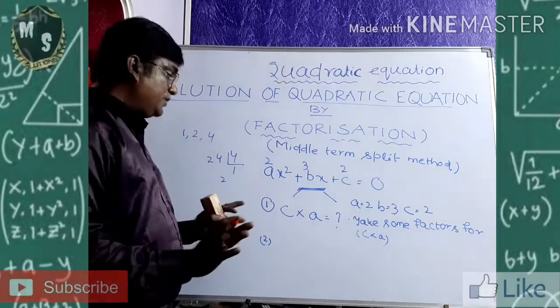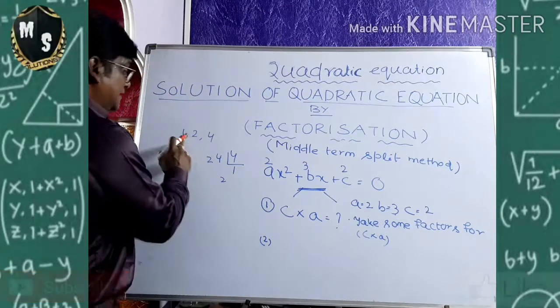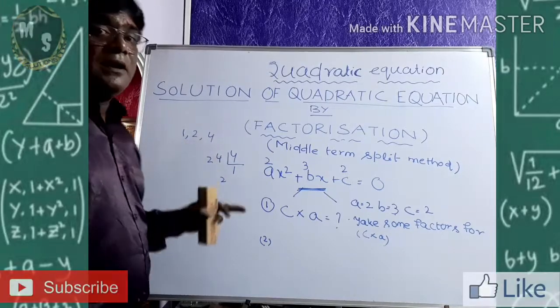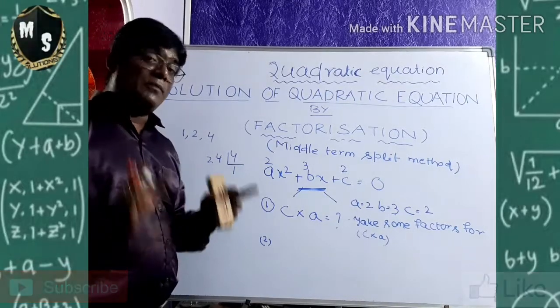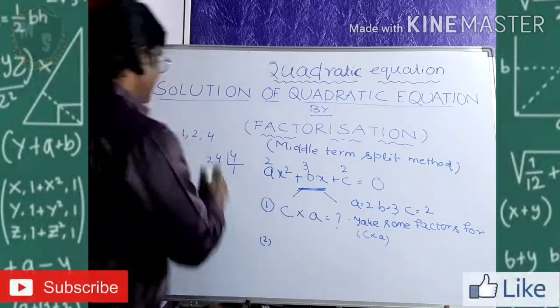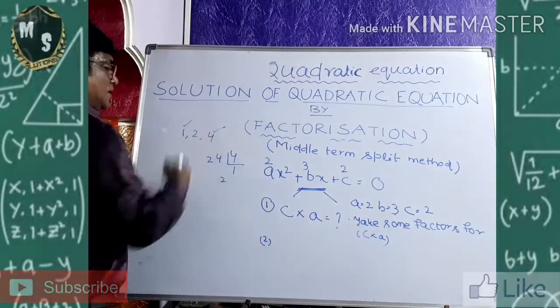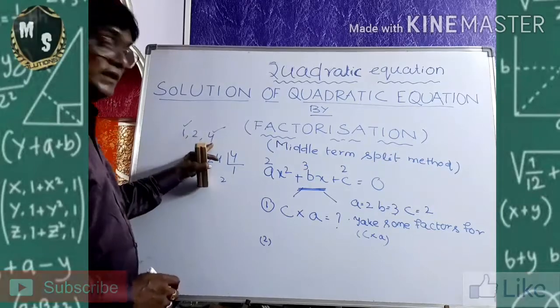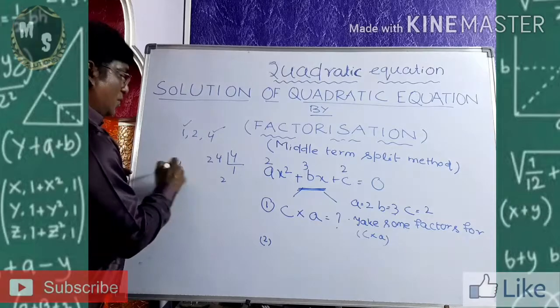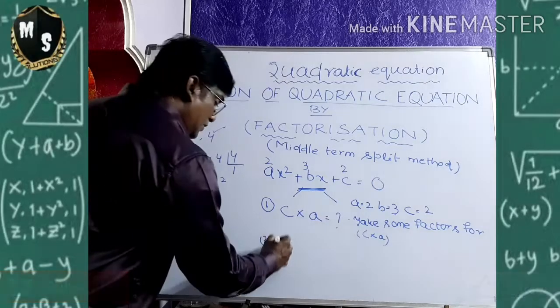Understood? Now you have to take suitable factors which will give you C into A after multiplication. Suppose I take one factor as 4 and another as 1. After multiplication, 4 ones are 4.